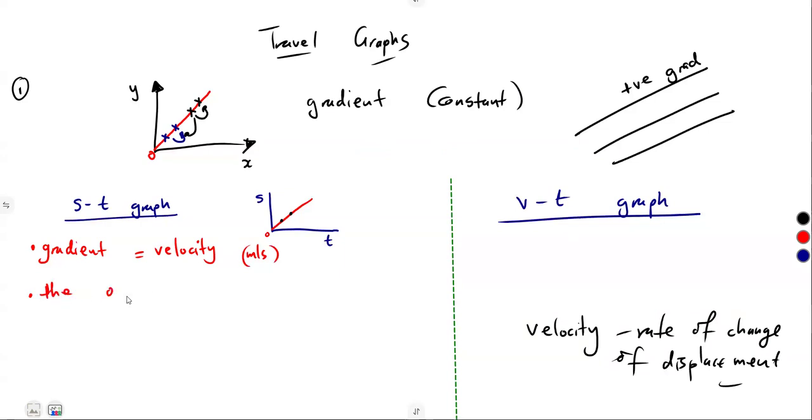That is the interpretation of what we are seeing here. The object is moving with constant velocity, since velocity represents gradient.